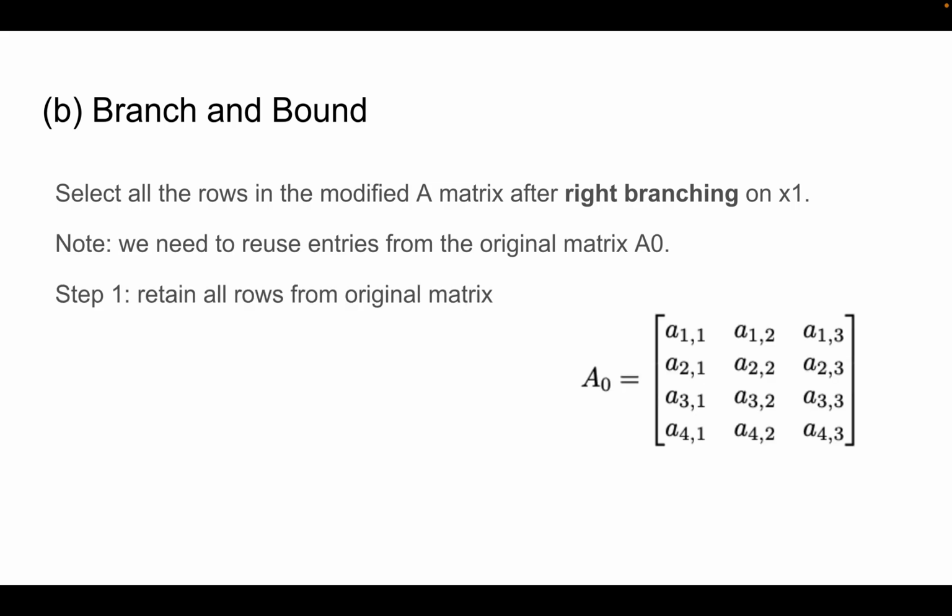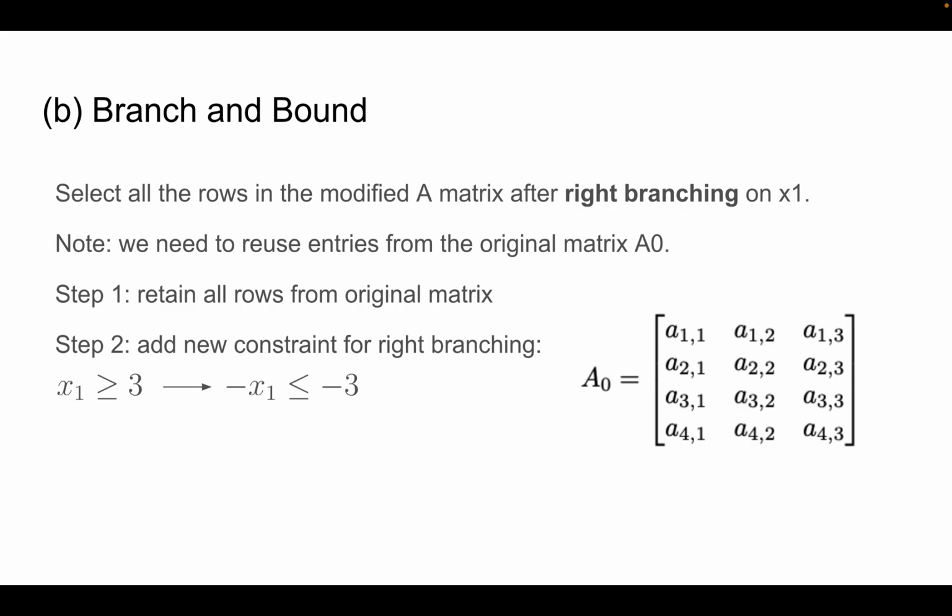In terms of constructing our new matrix A, the first 4 rows of A are going to be the same as whatever was in A naught. Now we're going to add that new constraint for right branching. So instead of x1 is less than or equal to a value, we're going to have x1 is greater than or equal to the ceiling. And that ceiling for 2.5 is going to be equal to 3. So our overall constraint is x1 is greater than or equal to 3.